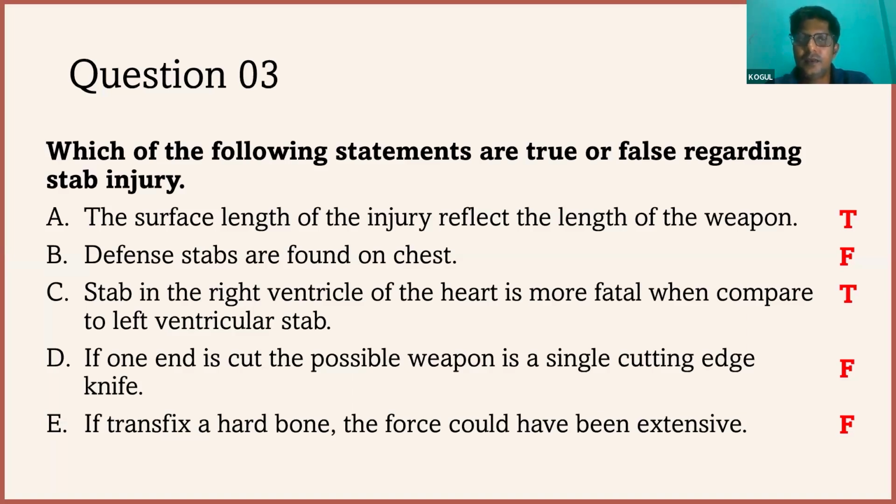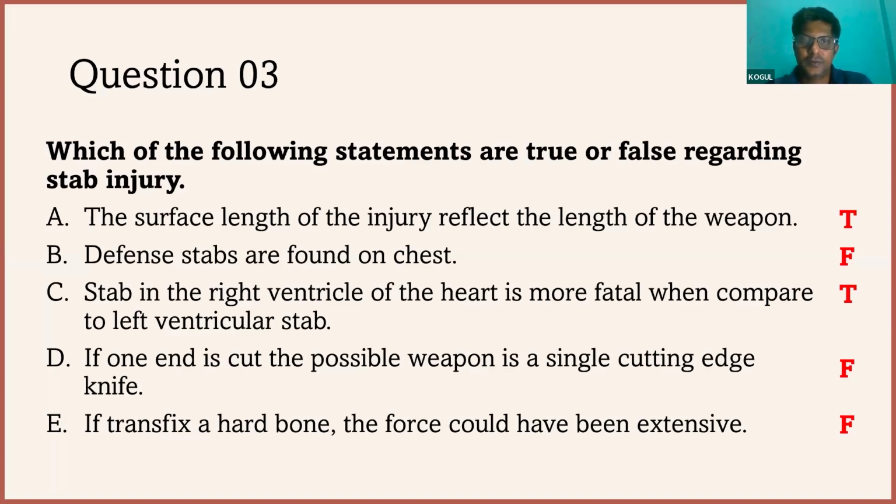But with the thin thickness of the right ventricle, bleeding from the heart is more. Severe bleeding causes sudden cardiac tamponade and sudden death. So right ventricular stab is more fatal compared to the left ventricular stab. So that is true.